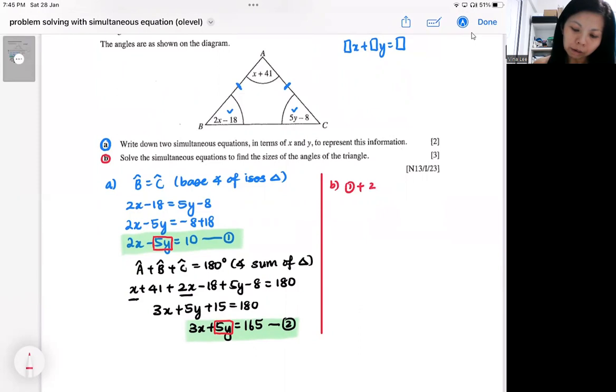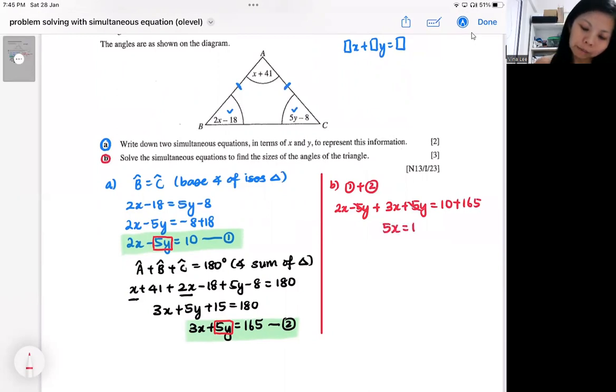So I'm going to add the two equations. When I add the two equations, left side plus left side, right side plus right side, that will cancel away the 5y and you are left with 5x, and you'll be able to get your x.